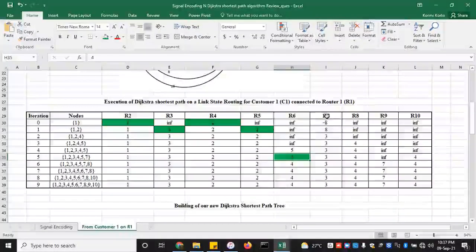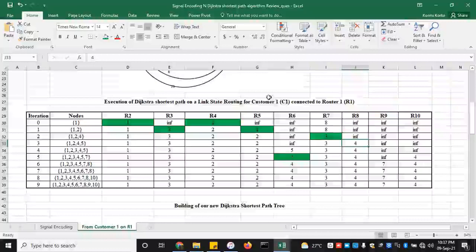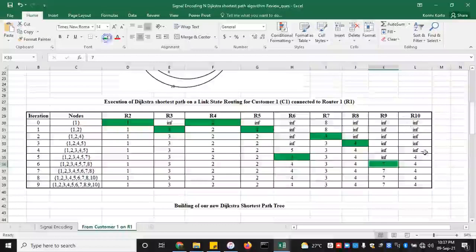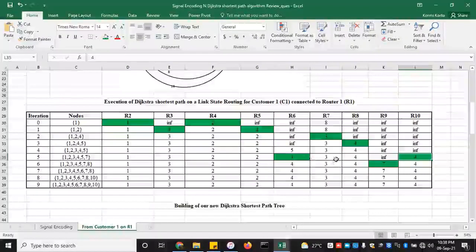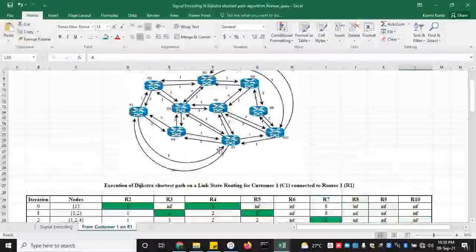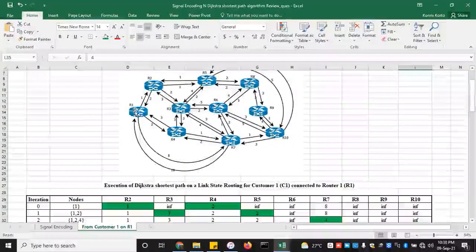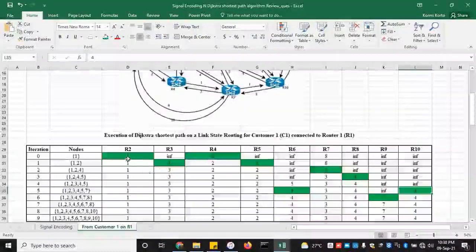This, it started with 8 before it became 3. So 3 started as the lowest or the shortest. And then 9, from 8 it was, this is the usual. So these would be more or less your least costs associated with moving the packets from the customer connected to R1 to every other node. This is the least cost.